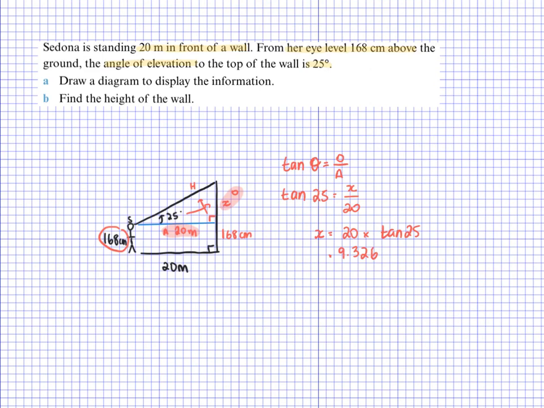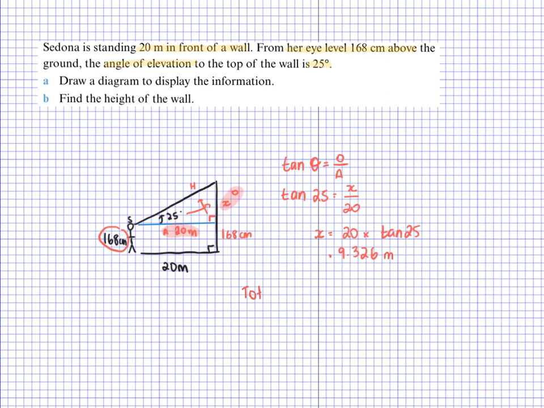Now, they haven't actually asked for any specific rounding. Because they've given us 168 in centimeters, that would be correct to 2 decimal places in meters. So it's always good practice to go one more than what they've given you, one more decimal place. So let's add these together. We know that this answers in meters because we've used the 20 meters.